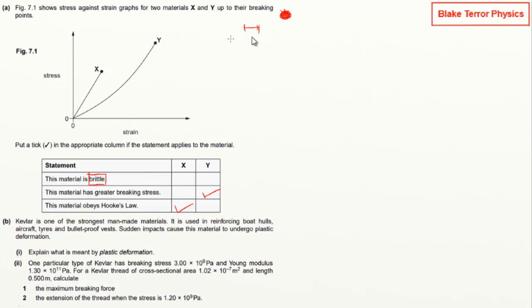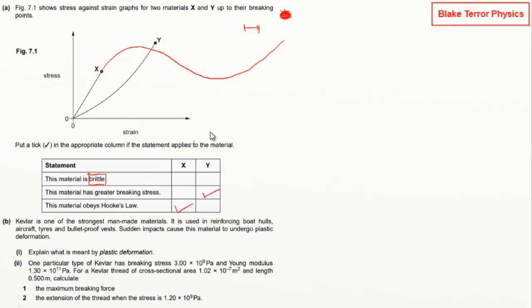But you've also got a lot of metals which don't behave in that way, and these will be the ductile ones, where they might start off looking a bit like X, but then they do all these weird sort of things. You get all this strange behavior going on where you're getting these big extensions with very little increase in force. So you get your ductile ones.